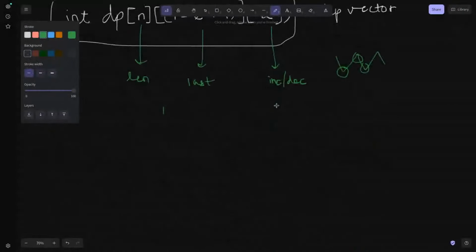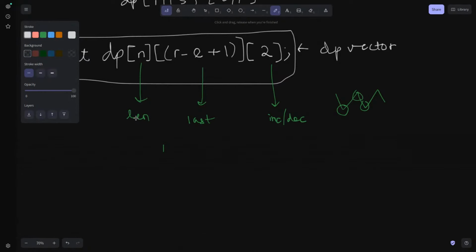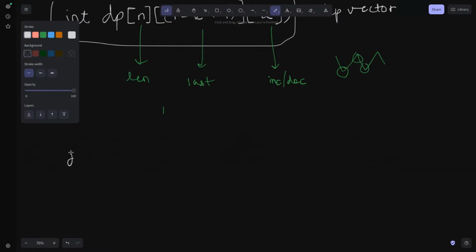Anyways, we need to get into how to do the DP transitions, right? So let's write down the transitions. We need to think about the transition. Given an i, let's say it ends at some particular number, let's call it X, and let's say the current pattern is increasing, so we'll call that 1.